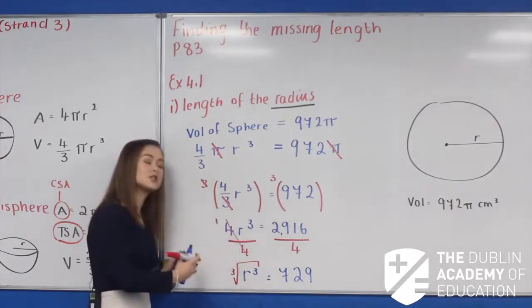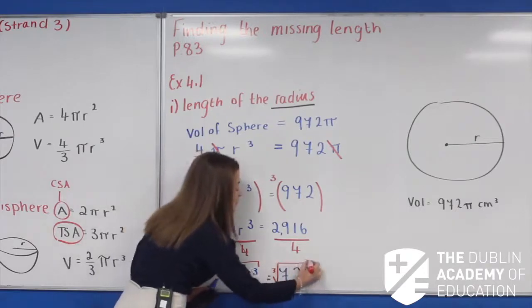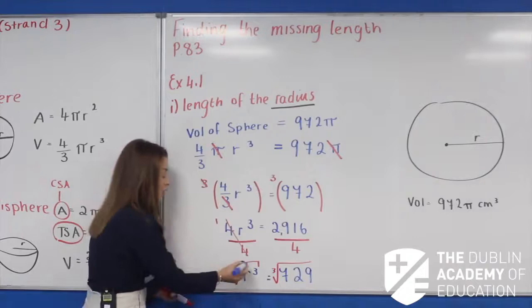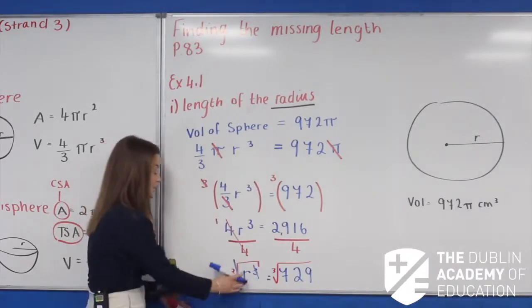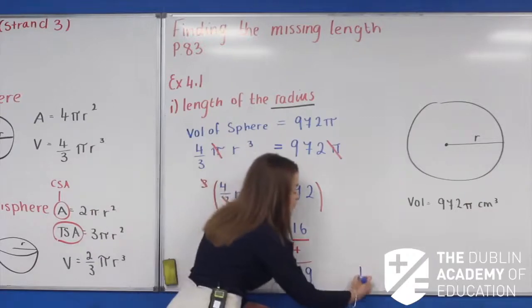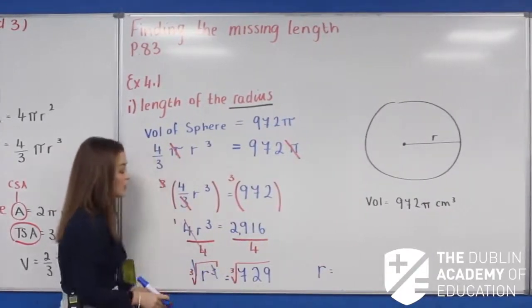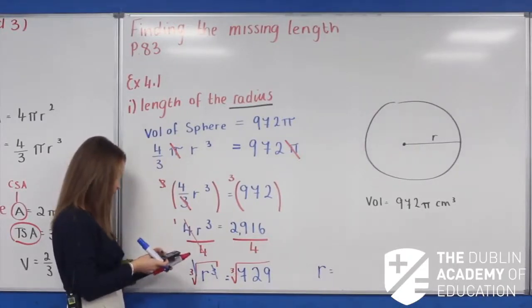If I do that to the left-hand side, I have to do the same thing to the right-hand side. The cube and cube root are going to cancel, so that leaves me with r. The cube root of 729, I'm going to say is going to be 9, but I'm just going to double check.